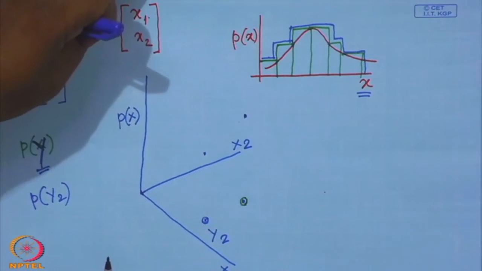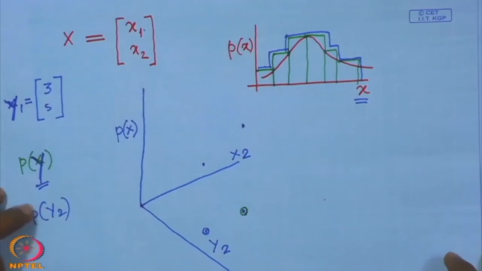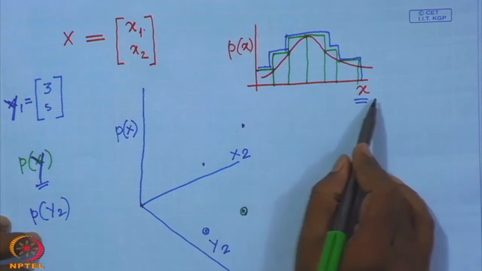So, for probability density estimate, as in the 1-dimensional case, we have divided the range of x into a number of bins of certain width. In the 2-dimensional case, I have two different variables, x 1 and x 2, the two components of my vector x.